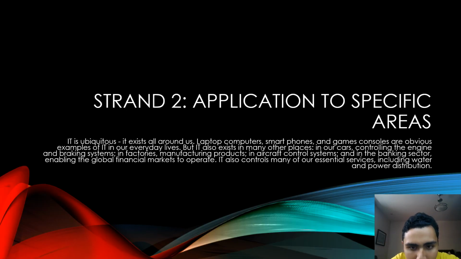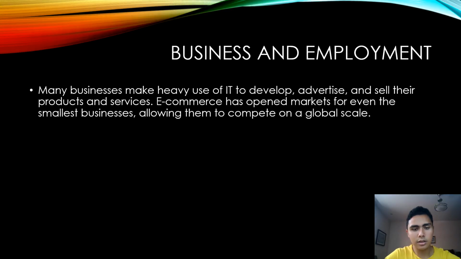This is the second strand, application to specific areas. IT exists all around us in a lot of mobile devices, and a lot of enterprises also use it for different areas. For example, we can use IT for business and employment.